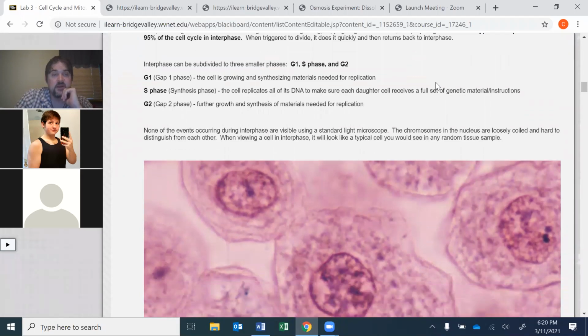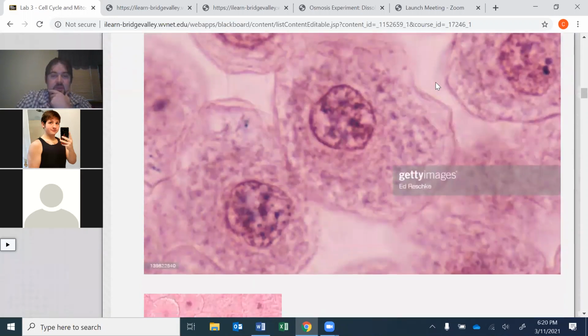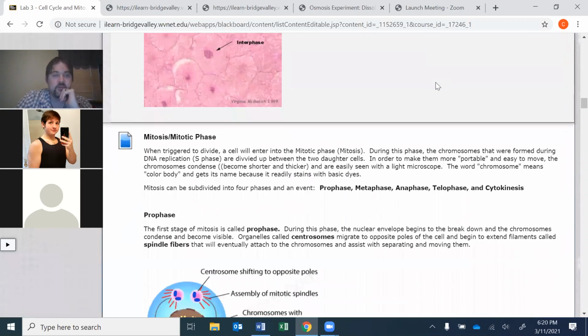And then there's the three subphases there. And it says, like I said, none of these events occurring during interphase are visible under a light microscope because the chromosomes are loosely coiled. They're not packed together. They're not condensed. And so it just looks like a cell in a random tissue sample. So there's the interphase, okay? Then it goes into the different stages of mitosis.